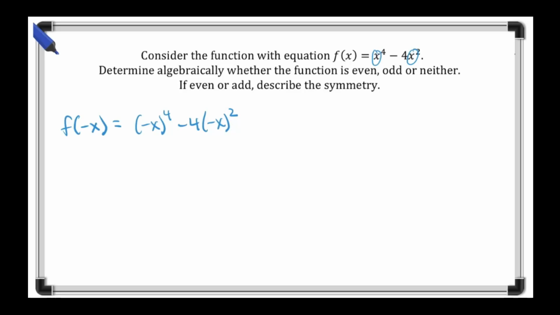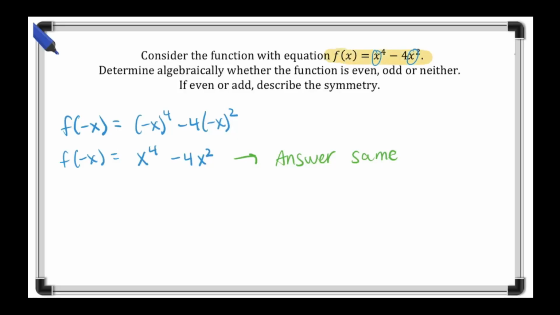All right, let's simplify and check. If I simplify this, I get x to the 4th, then a negative 4, and I still get x squared. Now notice that my answer is actually the same as my function here.